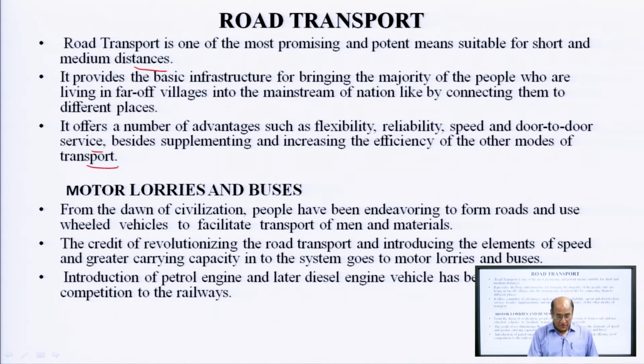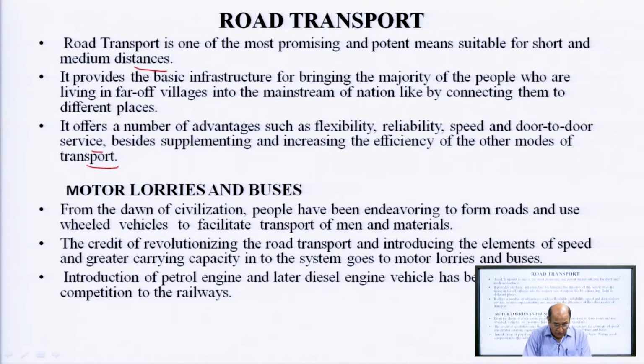The next is motor lorries and buses. From the dawn of civilization, people have been endeavoring to form road and use wheeled vehicle to facilitate transport of man and materials.